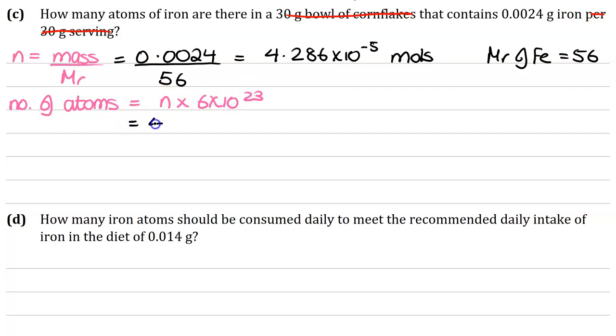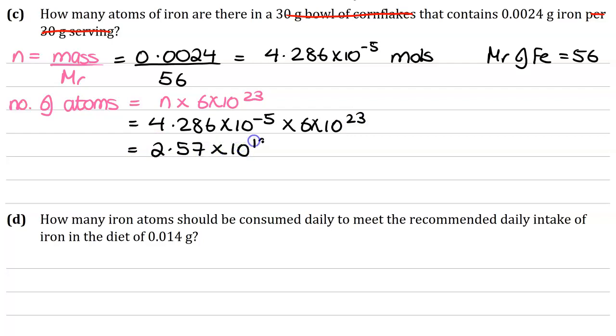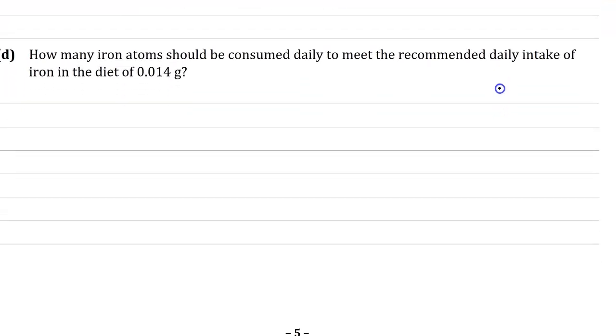And that's going to be equal to 4.286 by 10 to the minus 5 multiplied by 6 by 10 to the 23, and that's equal to 2.57 by 10 to the 19 atoms. Okay, now just be careful, like I said, to keep those figures in your calculator because you lose a lot of accuracy if you press the clear button between one calculation and the other.